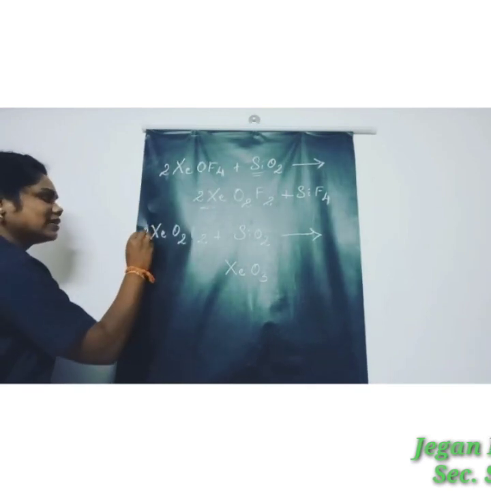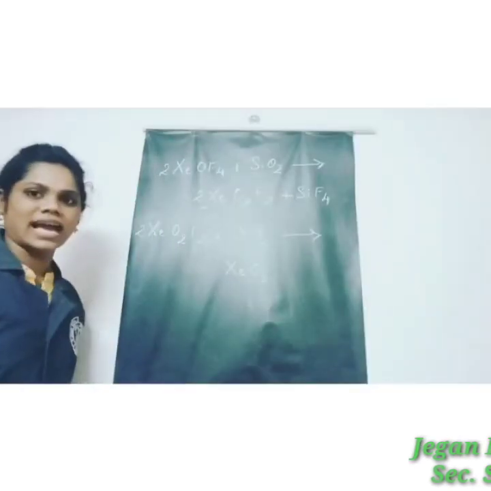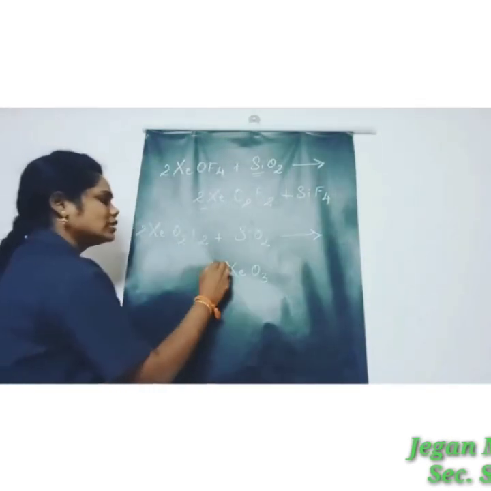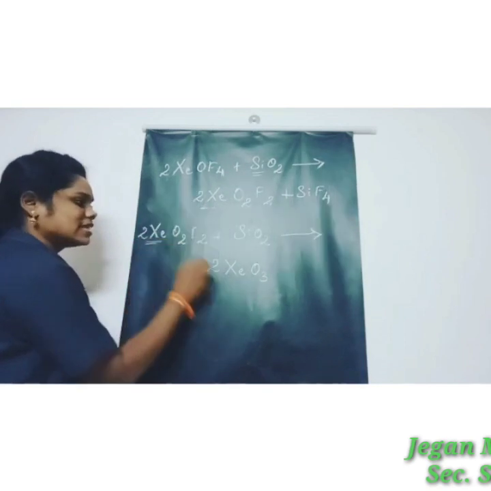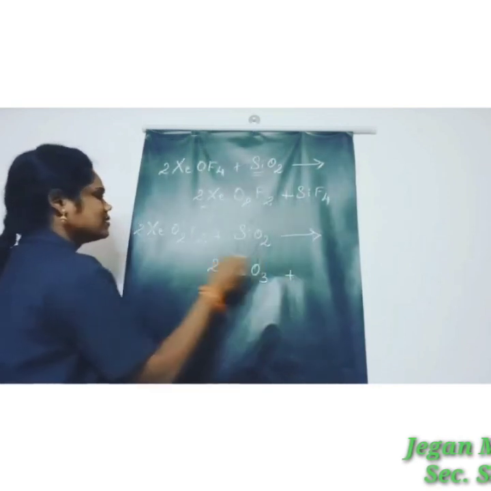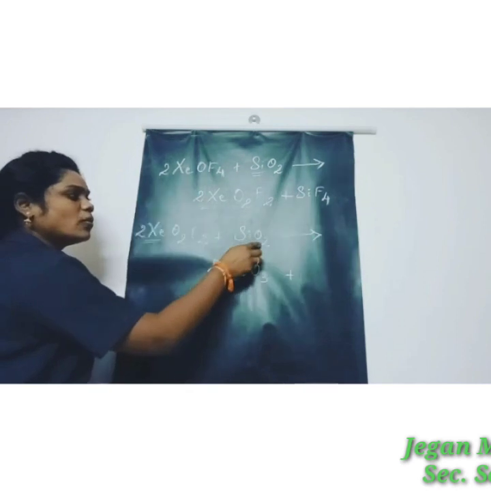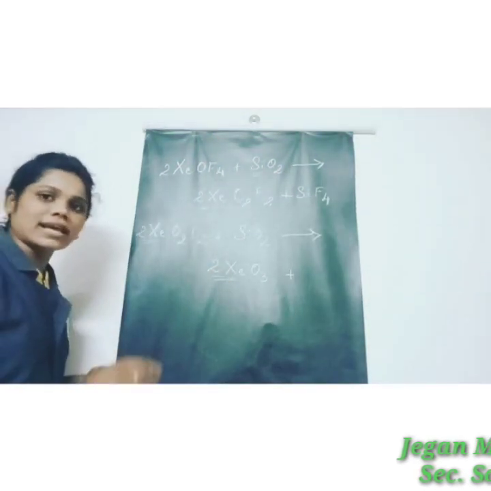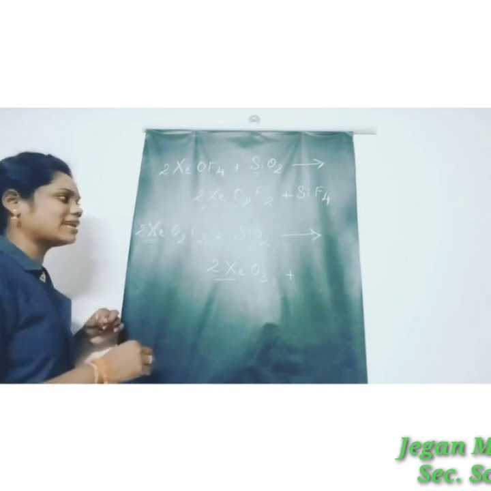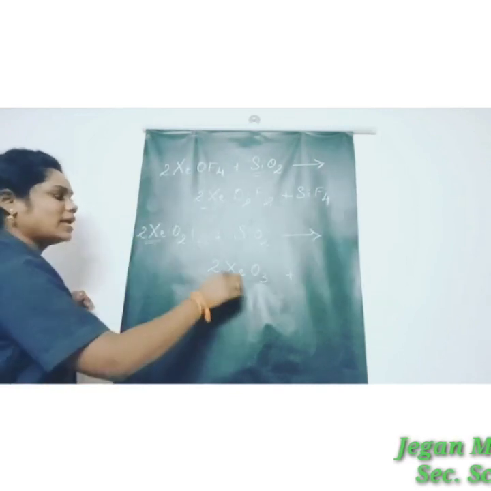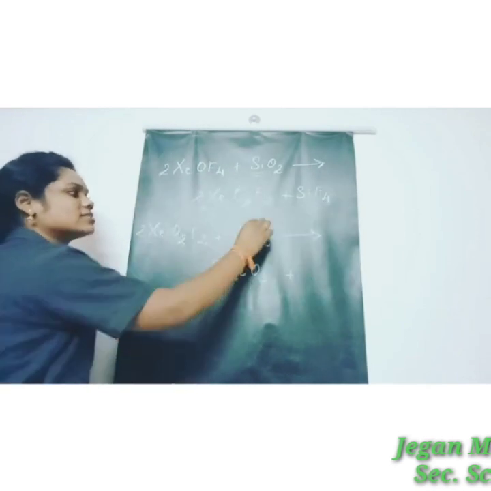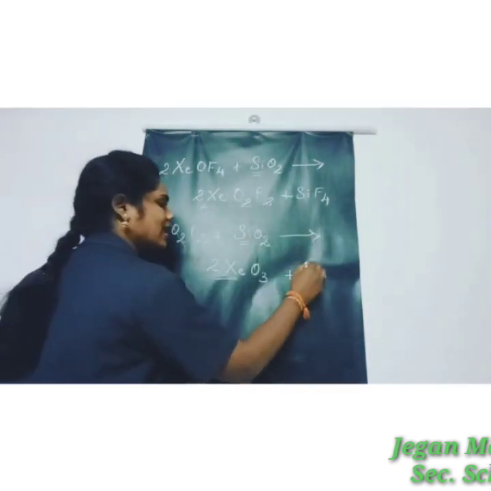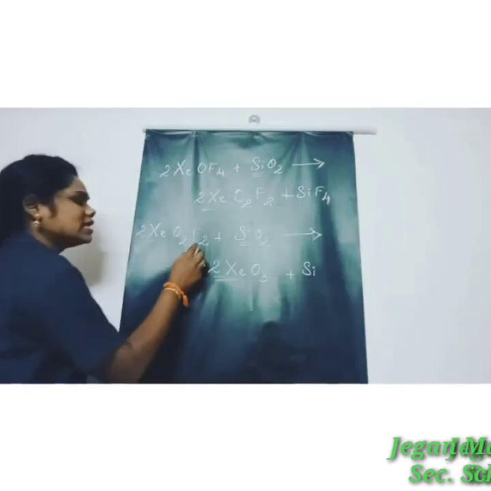So same thing, 2 times of xenon dioxy difluoride is reacted here. So here 2 times xenon is present. So 2 times of xenon plus oxygen 2 twos are 4, 4 plus 2 is 6 times. So here also oxygen is 3 twos are 6. So oxygen is balanced. So what is remaining here? Xenon is completed and oxygen is also balanced. So here silicon is unbalanced. So silicon, and another one is fluorine.